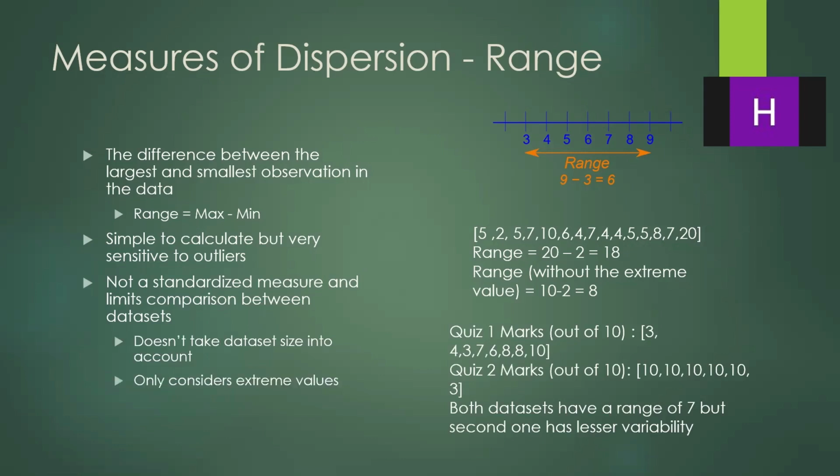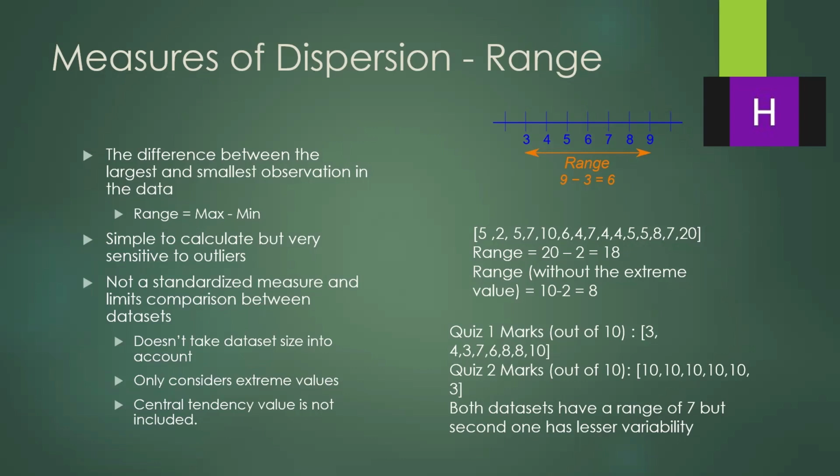Number two, it only considers extreme values, which means the endpoints, the lowest and the highest, and not any other value from the dataset. And thirdly, it does not consider the central tendency value in the calculation, because to calculate range we only picked up the highest and the lowest value from the dataset.